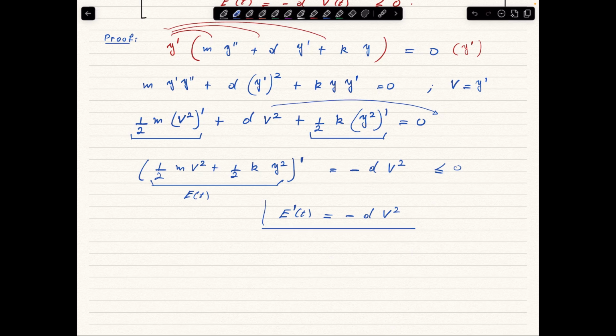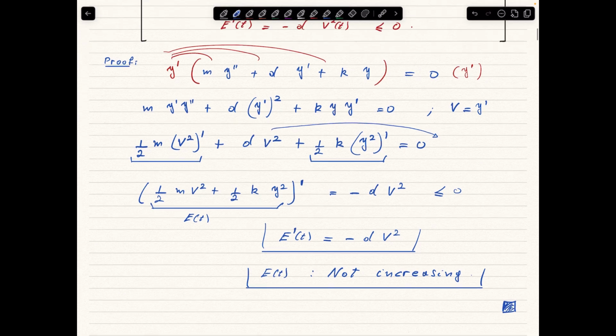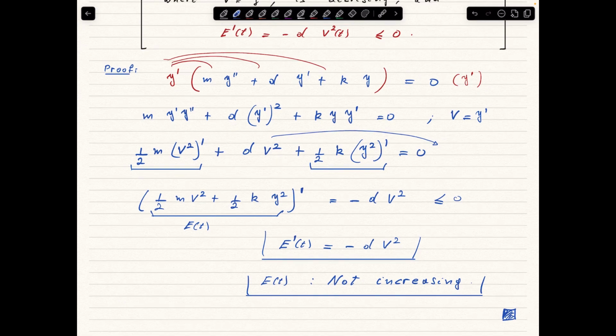So what that says is that E of t, the mechanical energy, is not an increasing function, it is constant or decreasing, so not increasing. And most of the time, when it's not constant, it is decreasing. So we are losing mechanical energy when we have friction. That is the statement that we have discovered here.